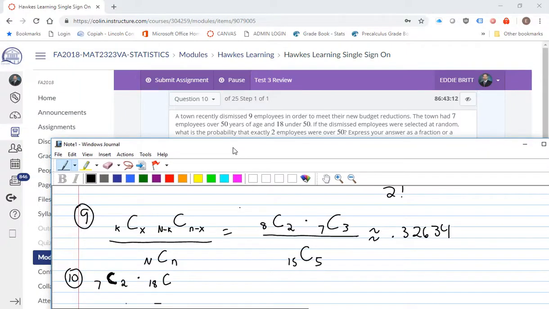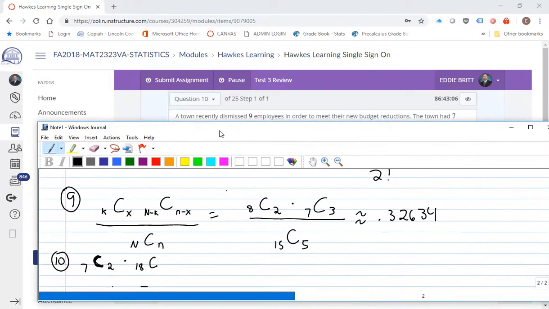That's going to be how many did they dismiss? They dismissed 9, so that's our little n. So we need little n minus x. So what is 9 minus 2? 9 minus 2 is 7.